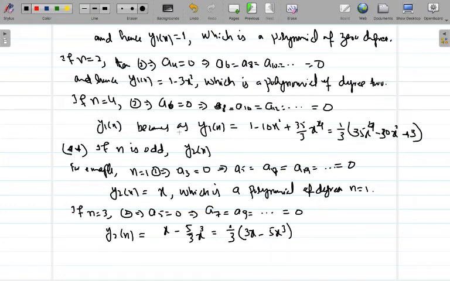So these are some examples we have taken for a few specific cases, and now we will try to find the general Legendre polynomials of degree n.